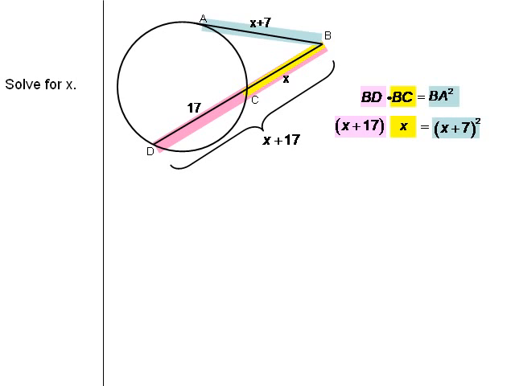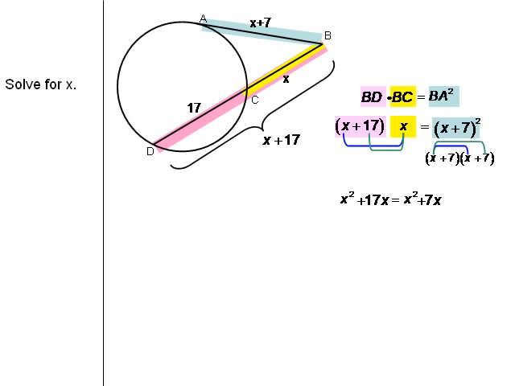Our next step is to simplify both sides, so we have to distribute. X times x is x squared. X times 17 is 17x. On the right-hand side, x plus 7 squared, we think of it as x plus 7 times x plus 7, and we're going to FOIL. First, x times x is x squared.